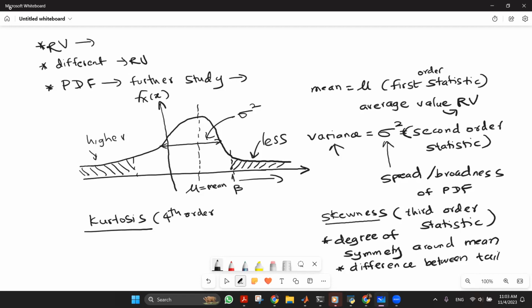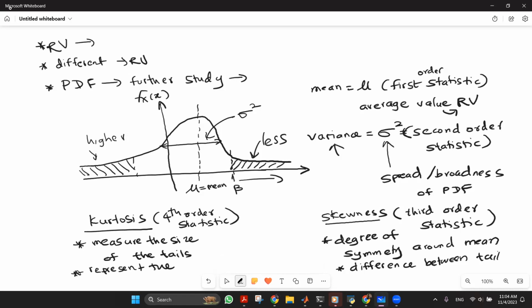It is used to measure the size of the tail areas, and it is used to represent the occurrence of rare events.